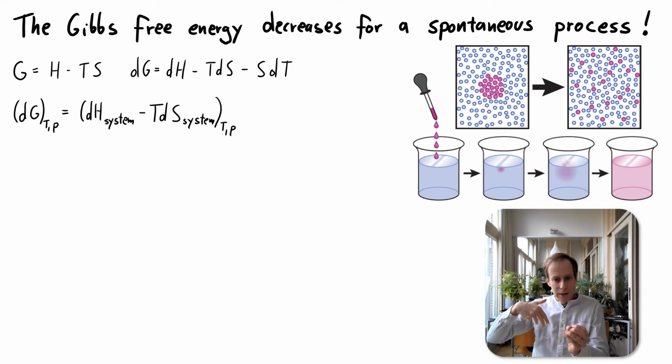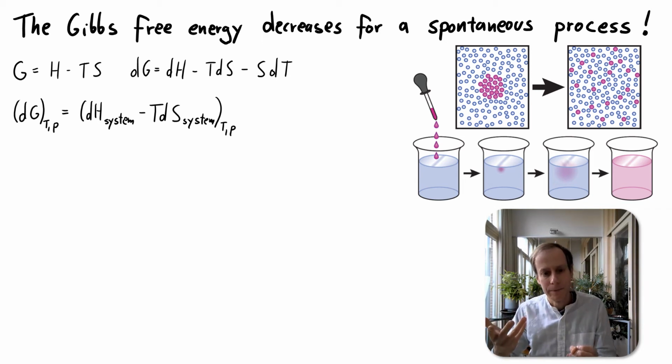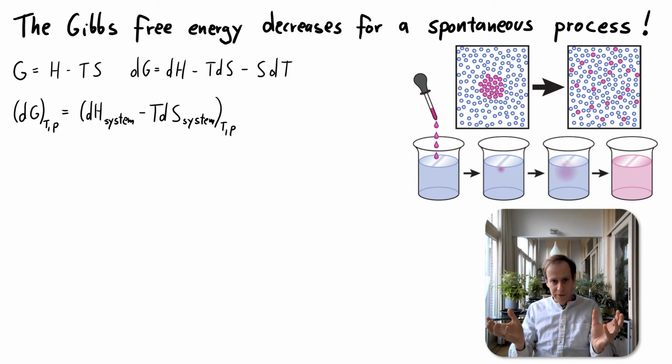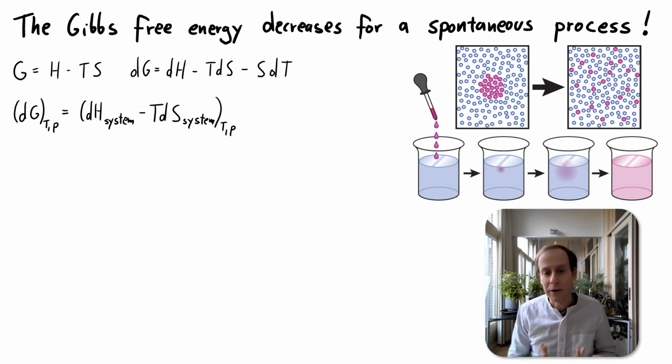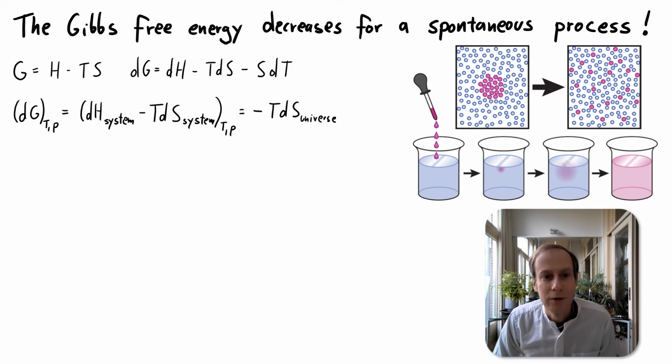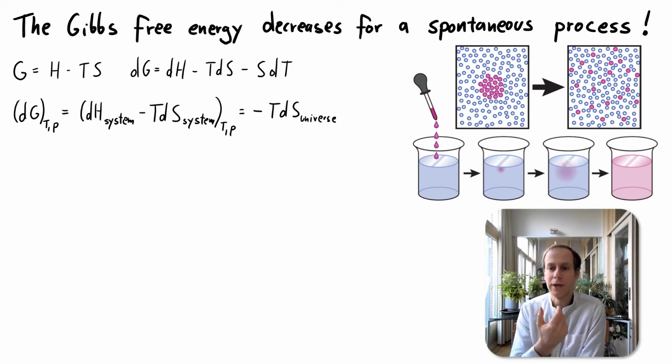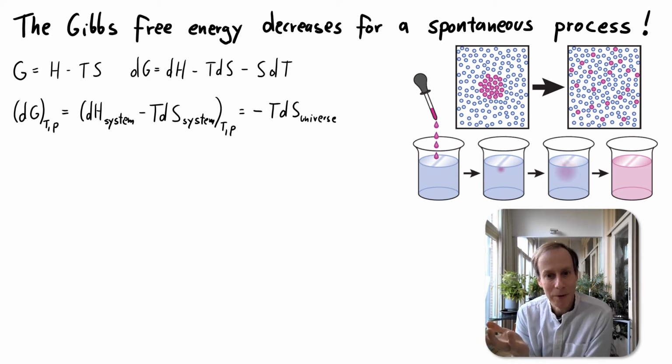And that's how we could express the entropy change of the reservoir that surrounds the system with the enthalpy change of the system. So you saw this in the last lecture. And this way, we were able to connect the Gibbs free energy change to the entropy change of the universe, minus TdS universe.